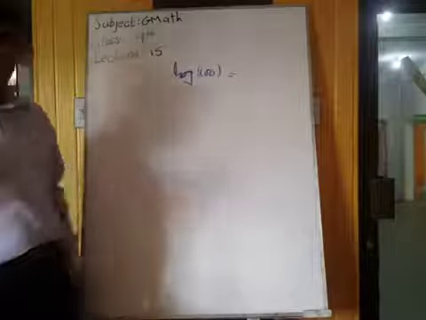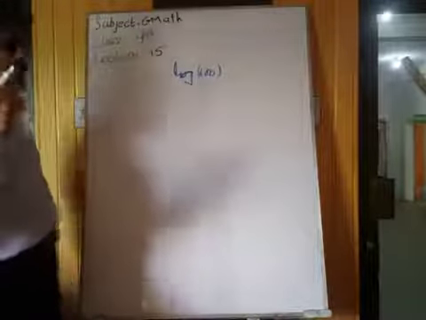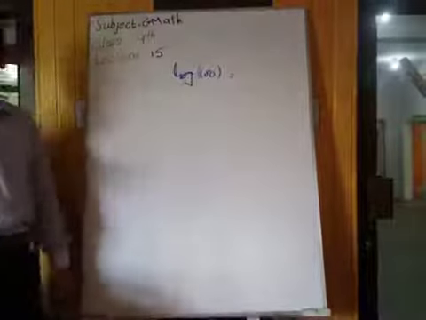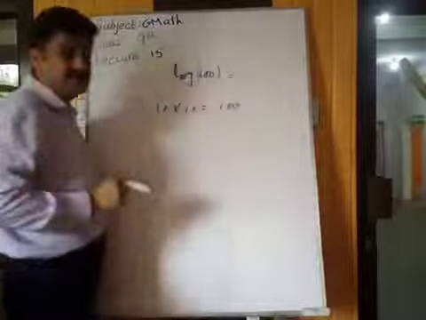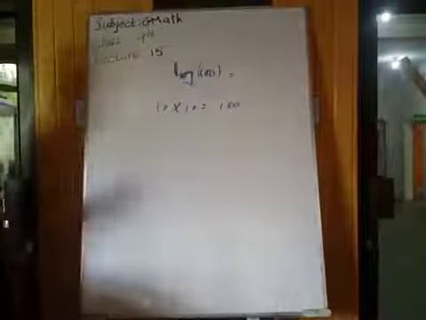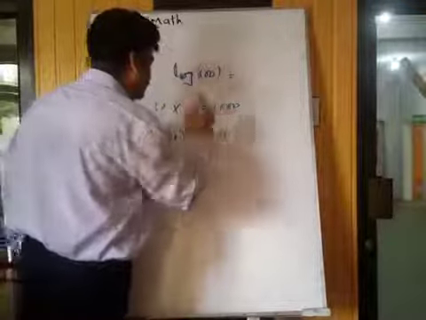How many times is 10 multiplied to get 100? Obviously, it is 2 times. When 10 is multiplied by 10, we get 100. So 10 raised to the power 2 is equal to 100.